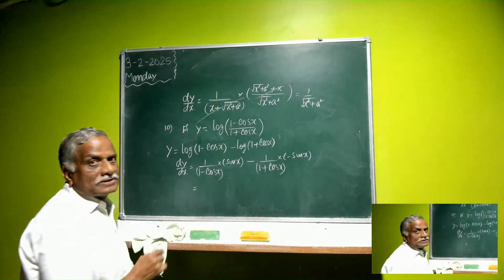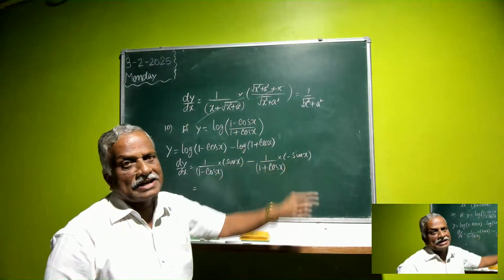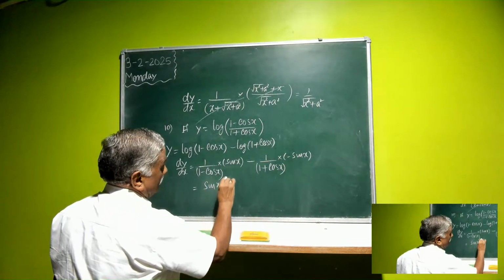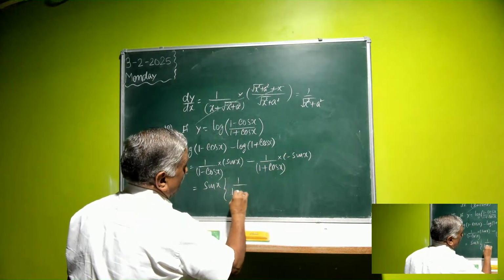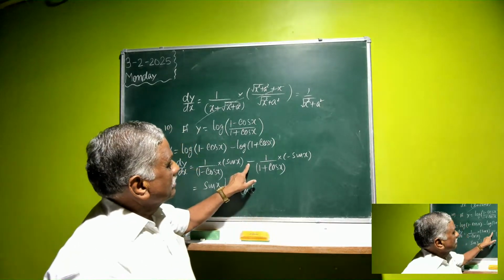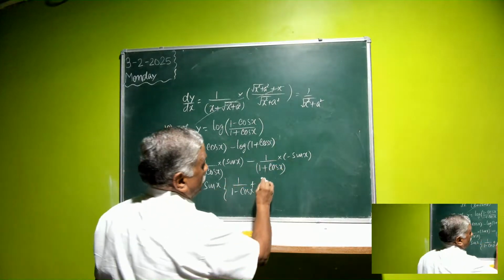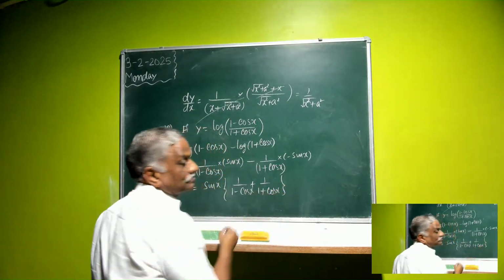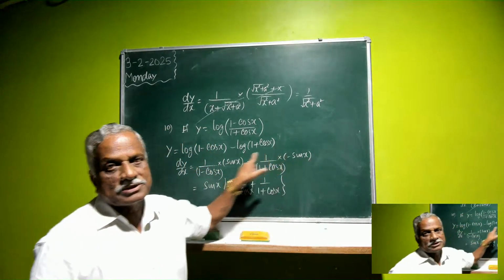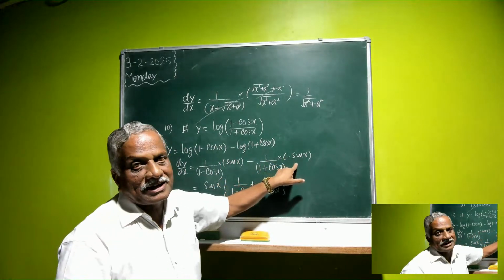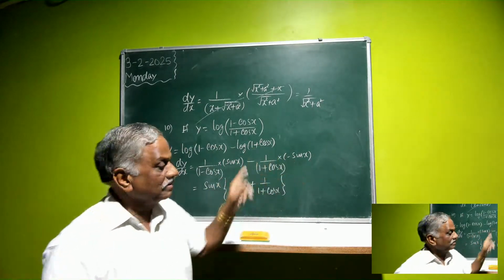The first step is that there is sin x common, so take out that sin x. You get sin x times [1 over (1 minus cos x) plus 1 over (1 plus cos x)]. Because both terms have sin x, I have kept sin x outside. Why do I get a plus sign? I got a minus sign here.